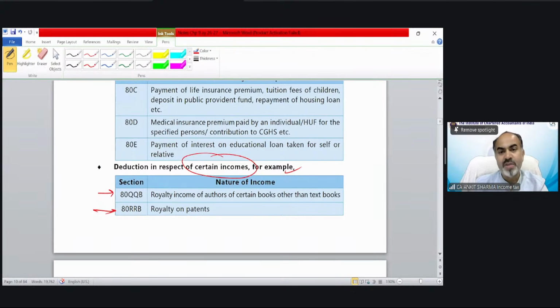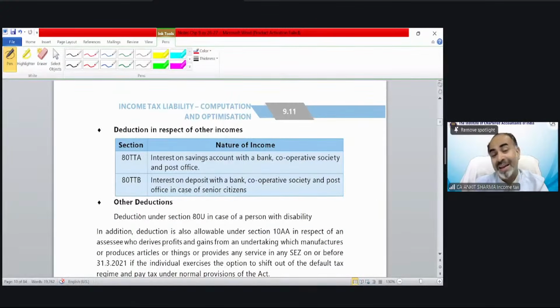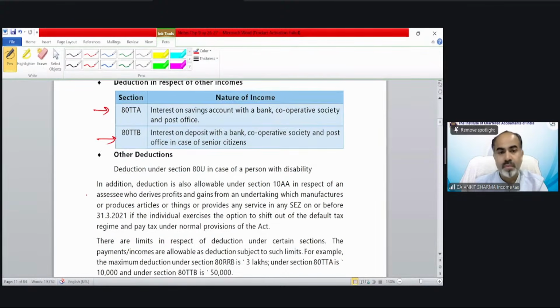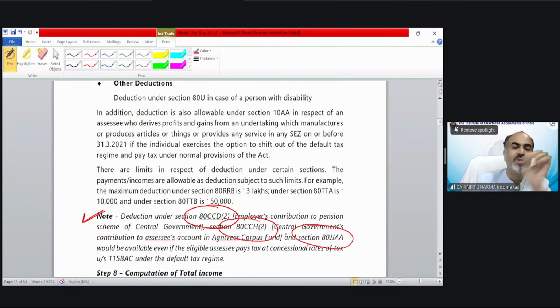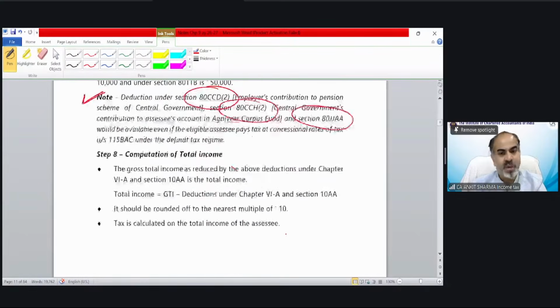These are kinds of deductions which are based on your income, not on your expense. Other deductions, etc. And of course, the notes say that under the default tax regime, you can claim 80CCD(2), 80CCH(2), and 80JJAA. Only these three deductions are allowed under the default tax regime.